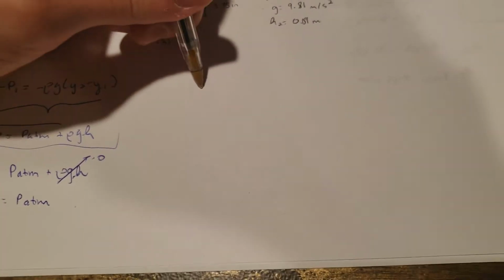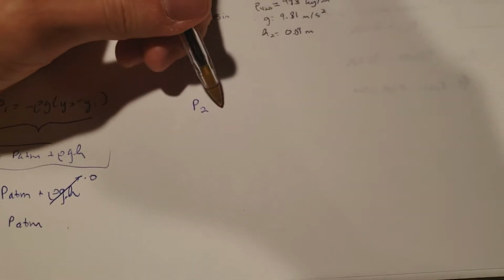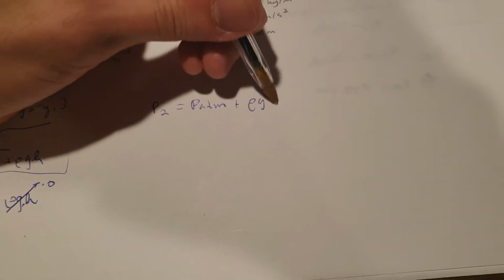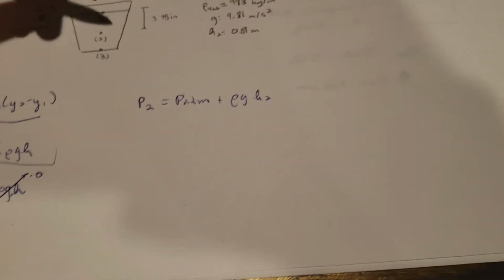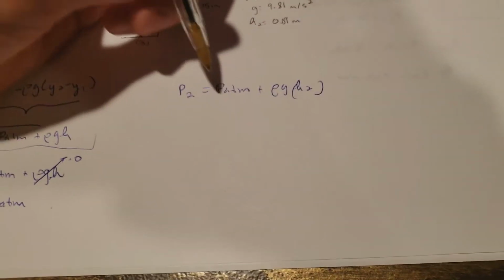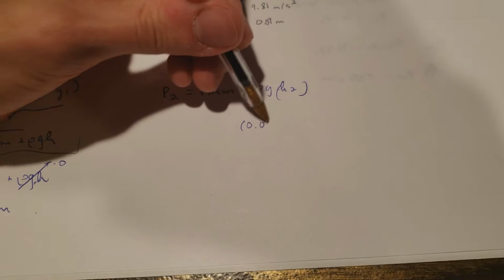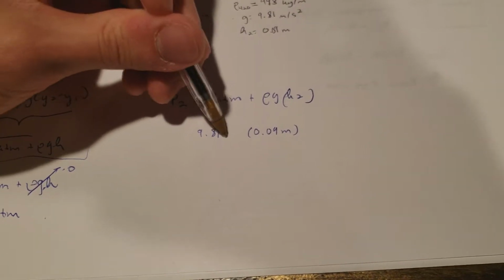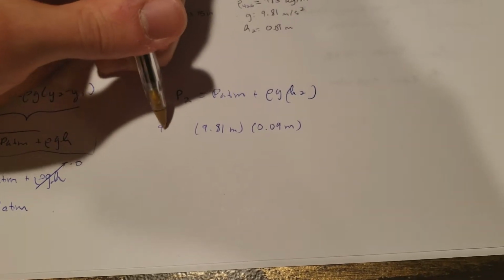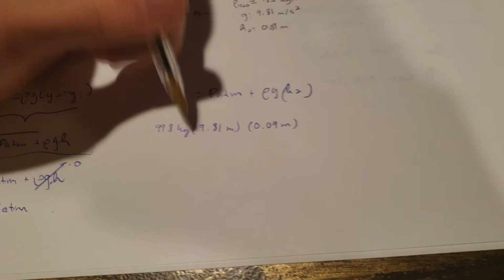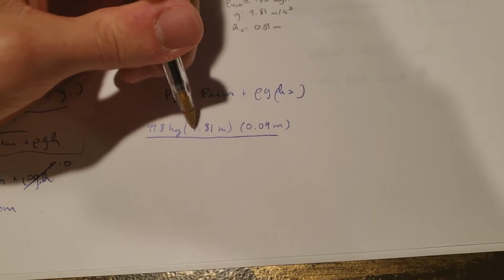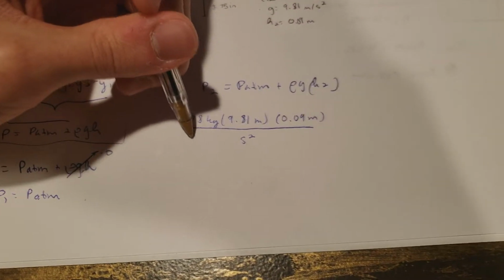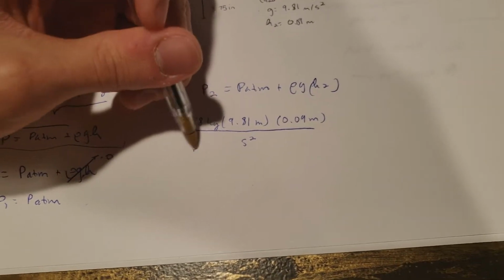So pressure 2 is going to be atmospheric pressure plus rho g h2, which ends up being 0.09 meters times 9.8 meters per second squared times 998 kilograms per meter cubed.